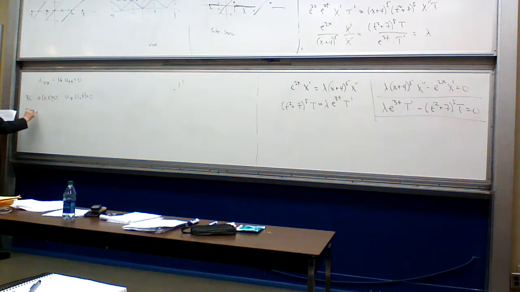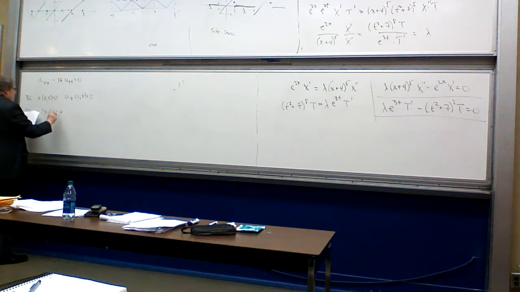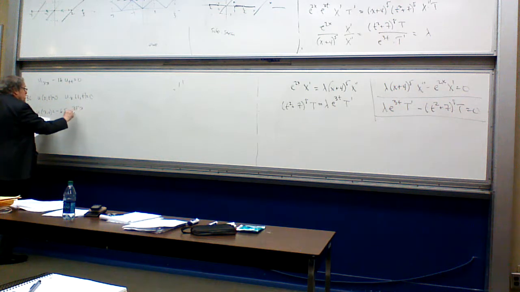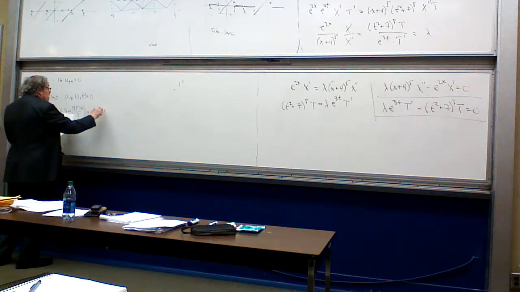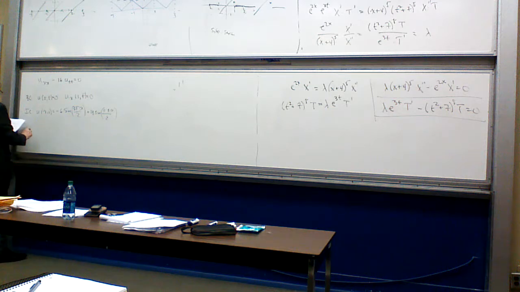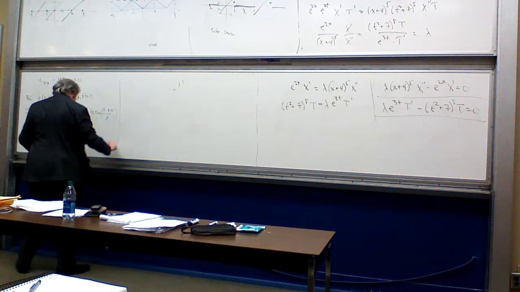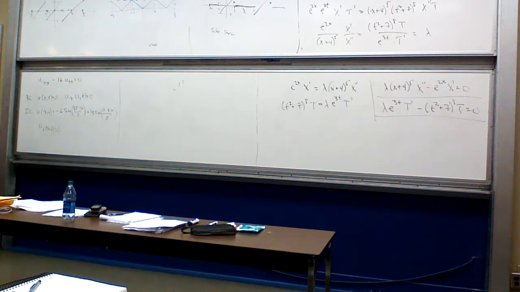Initial conditions: u of x and 0 is negative 6 sine 3 pi x over 2 plus 13 sine 11 pi x over 2, and partial derivative with respect to t is 0. Okay.